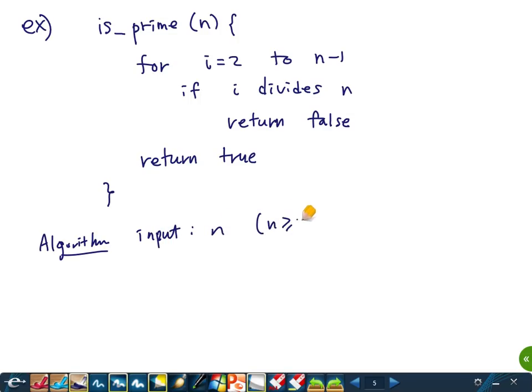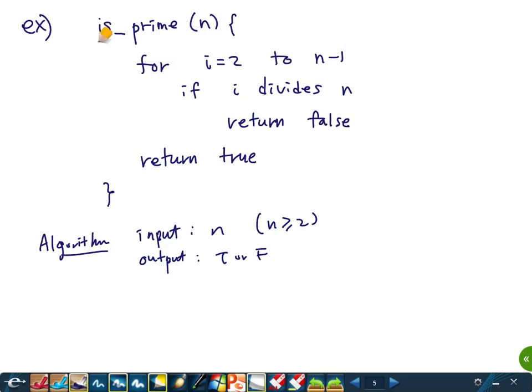We assume that n is at least 2, an integer, because otherwise it's not prime. Output is either true or false. True if n is prime, false if n is not a prime. Okay? And this is the algorithm, the pseudocode.